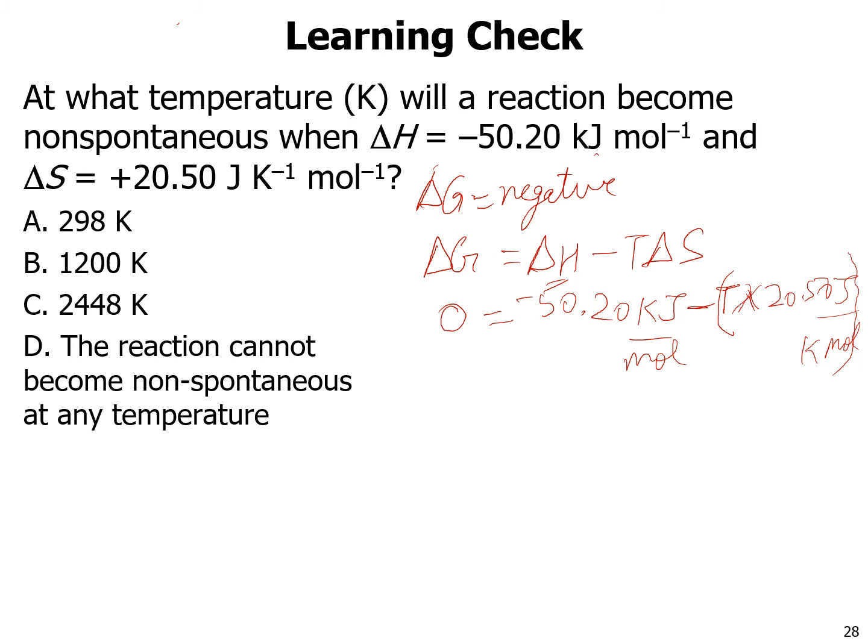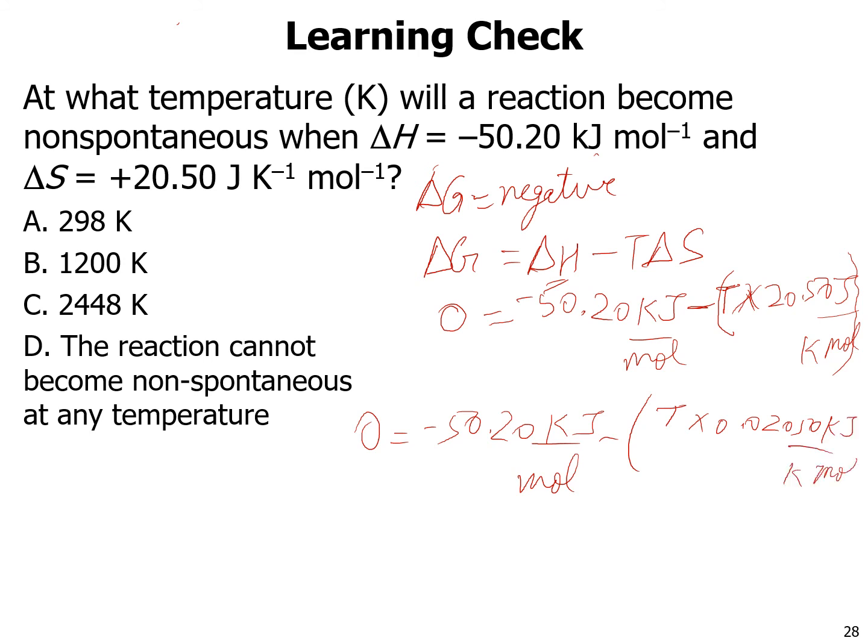So if I want to calculate the answer, I need both of them in kilojoules or both of them in joules. So I can write this as minus 50.20 kilojoules per mole minus T times, and I'll convert this into kilojoules, that would give me 0.02050 kilojoules per Kelvin per mole. Correct? I can do that.